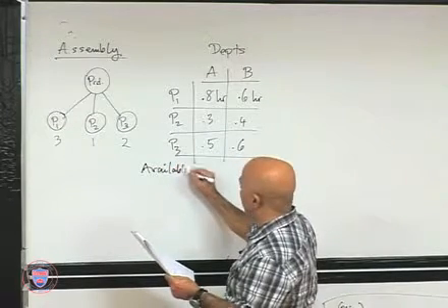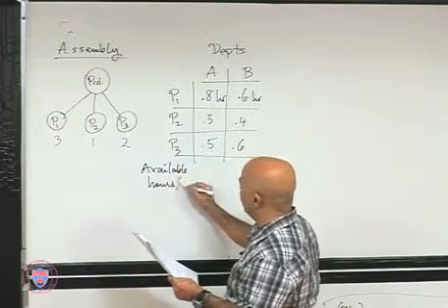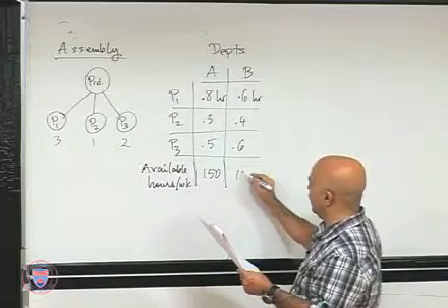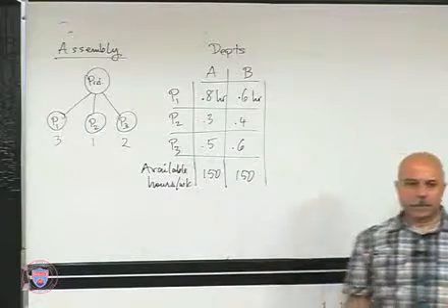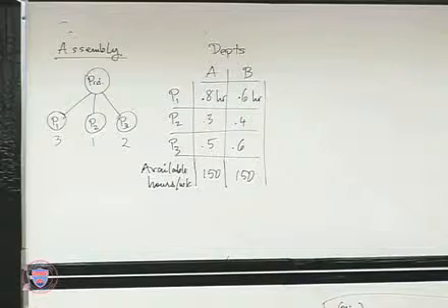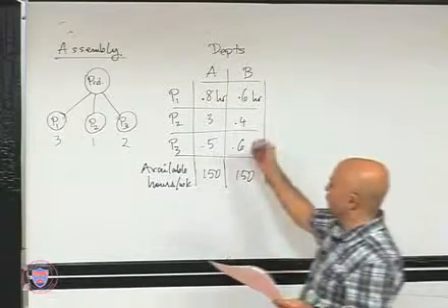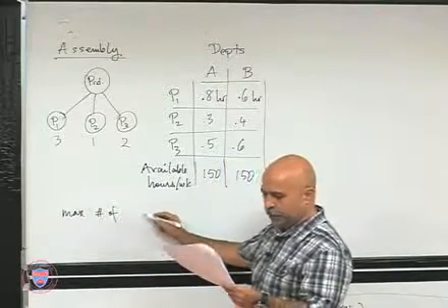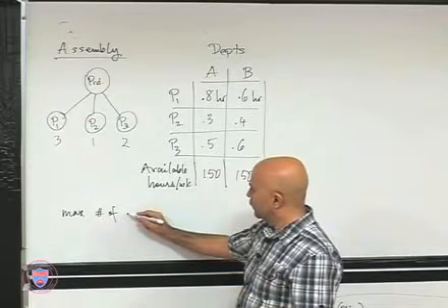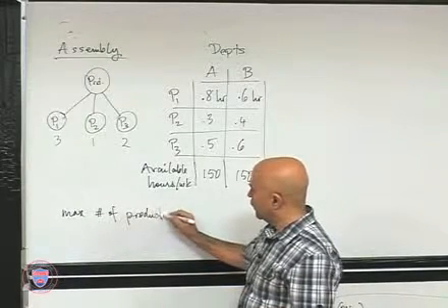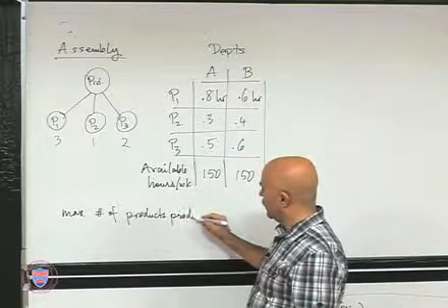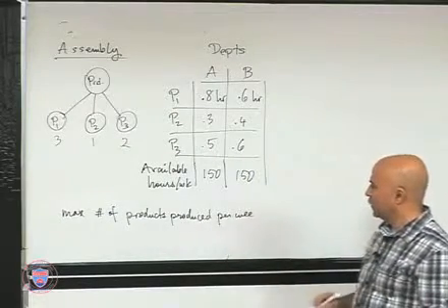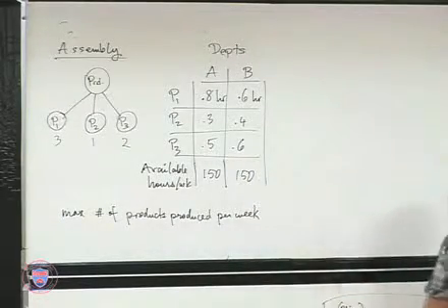Available hours per week in these departments happen to be 150 hours and 150 hours. And given this information, we want to maximize the number of products produced per week. That's what you want.